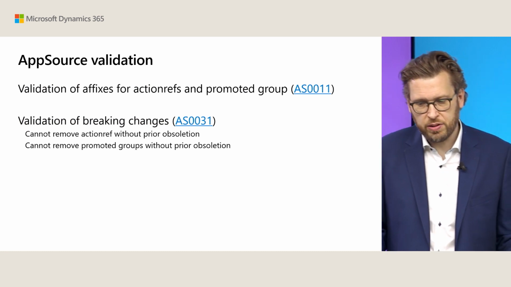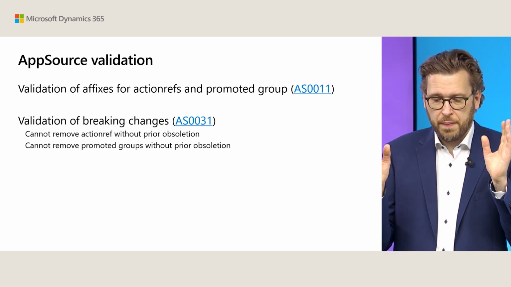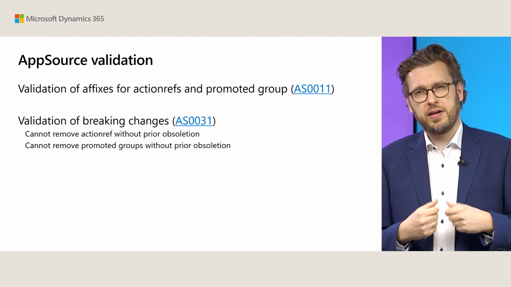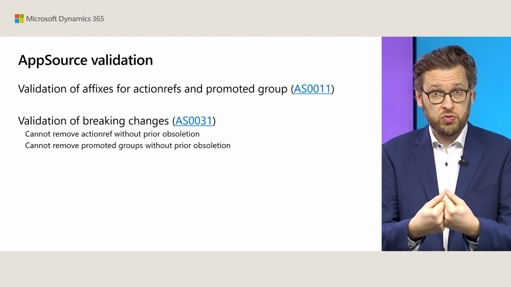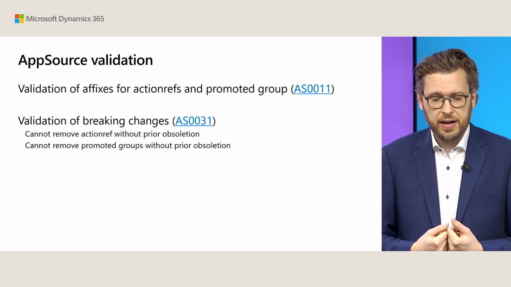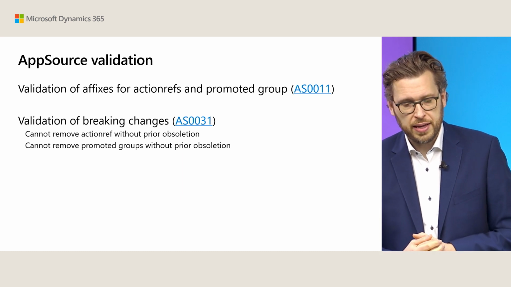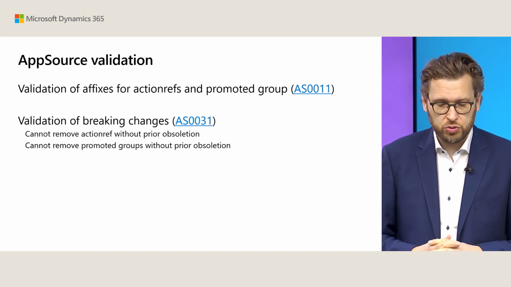So, of course, like with other constructs, we also need to think about the requirements for AppSource apps. And so here we added new AppSource validation rules to make sure that there are affixes for the action refs and promoted groups to ensure some name uniqueness for your AppSource solutions.